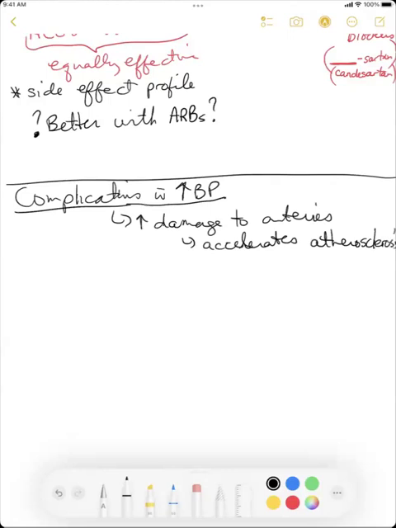That's one of the reasons that high blood pressure is associated with a higher risk of stroke. When we talk about heart attacks and ischemic heart disease, it's also associated with a higher risk of that because of the increased risk of atherosclerosis. High blood pressure carries with it an increased risk of heart attack and stroke.